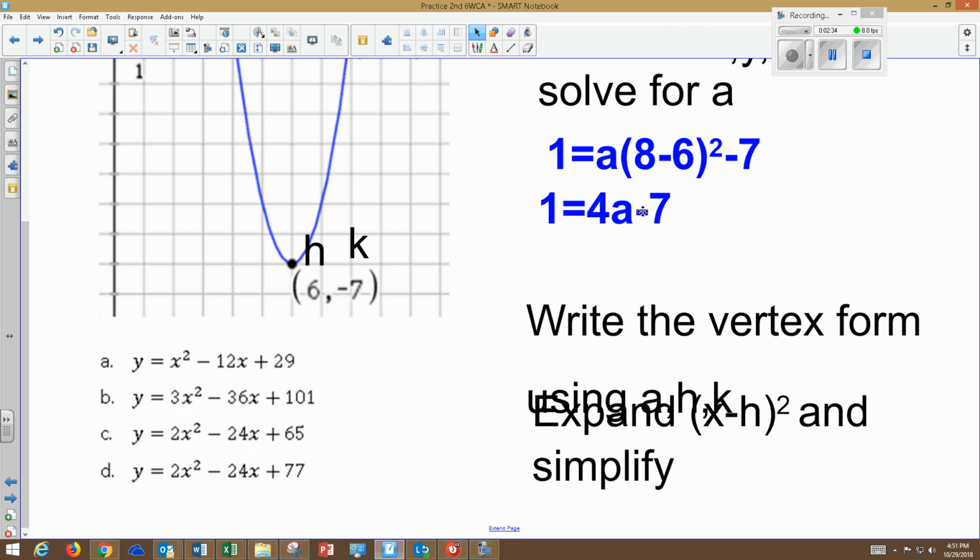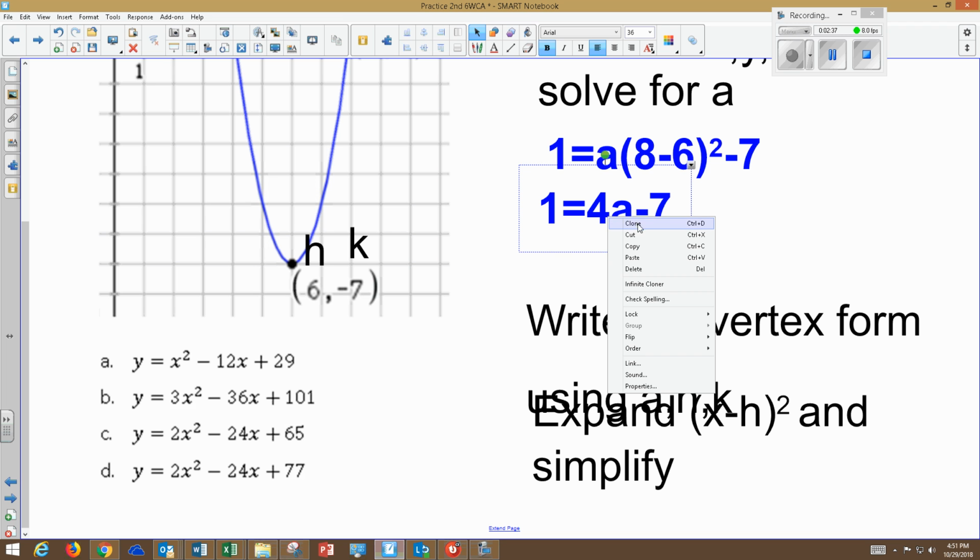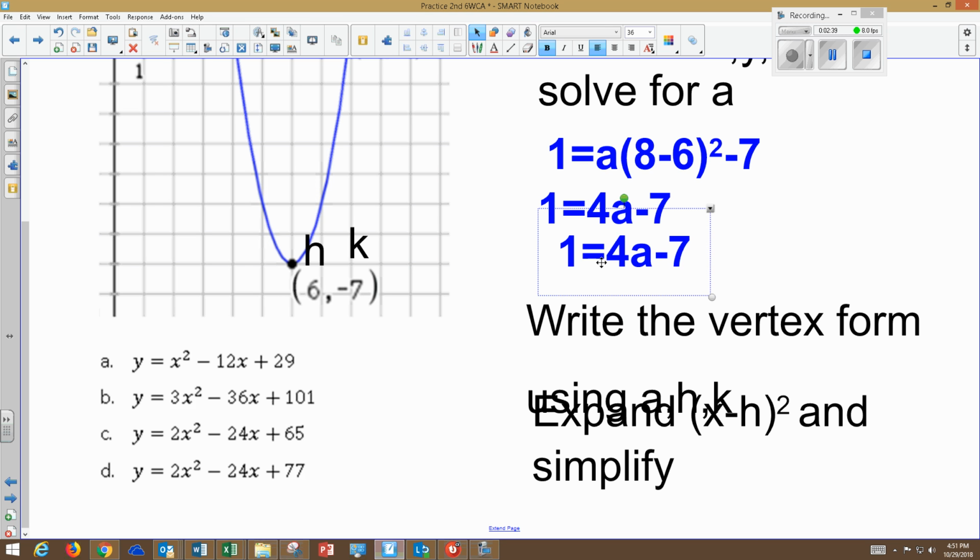Let's add 7 to both sides, and we'll get an 8 there. This is gone. And so if we divide both sides by 4, we'll see that a is equal to 2.